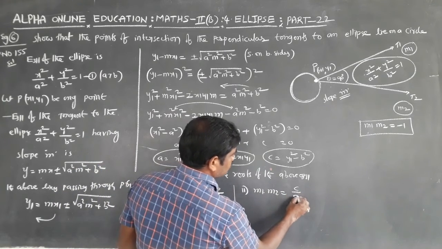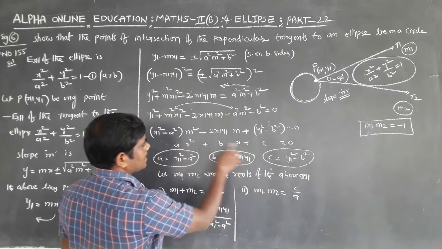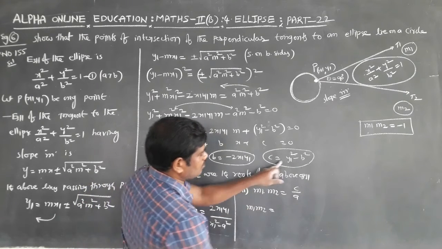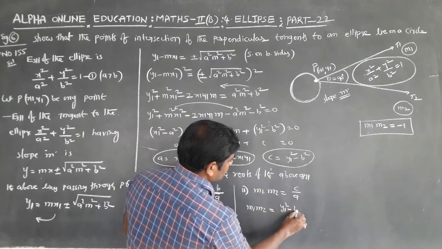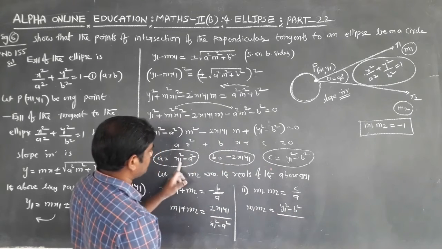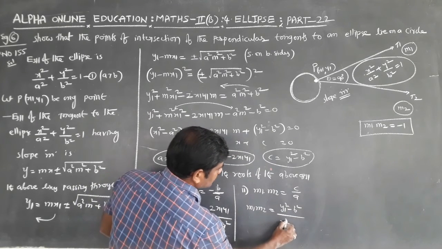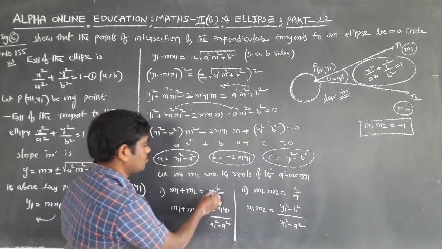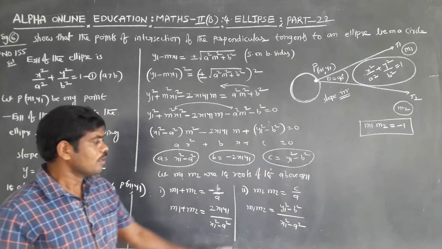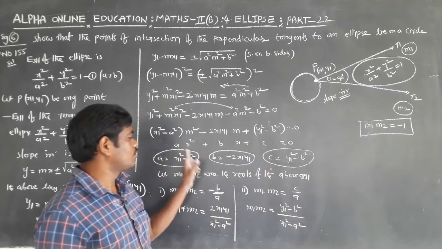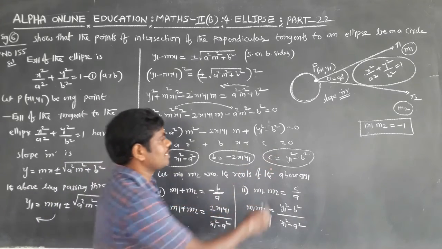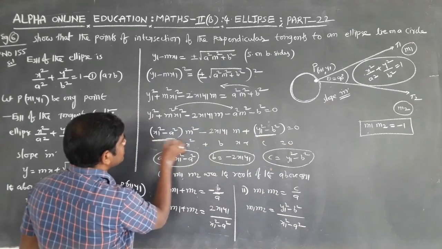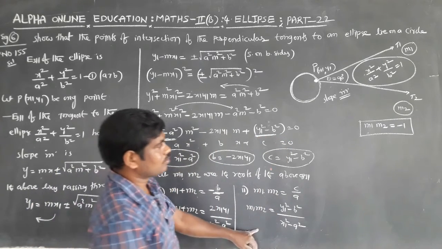Product of the roots is equal to c by a. So m1 into m2 is equal to (y1 square minus b square) by (x1 square minus a square).